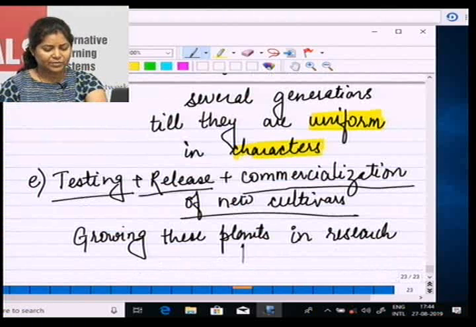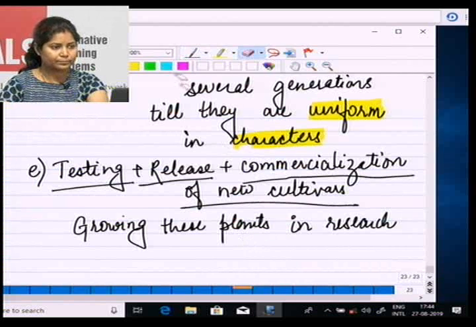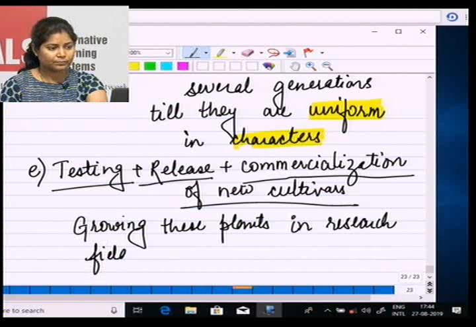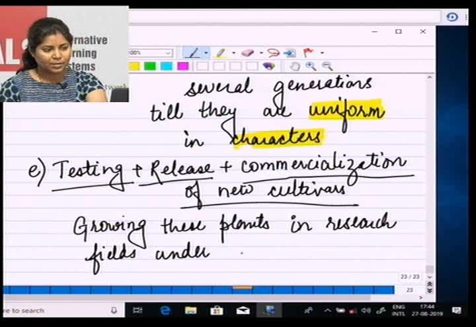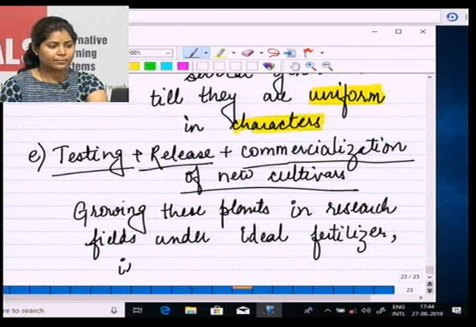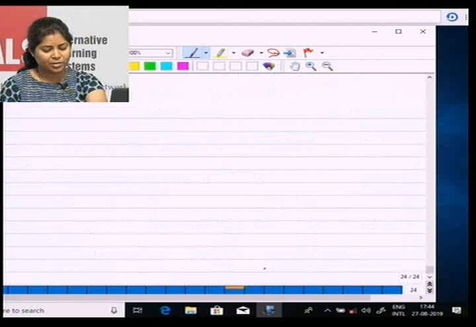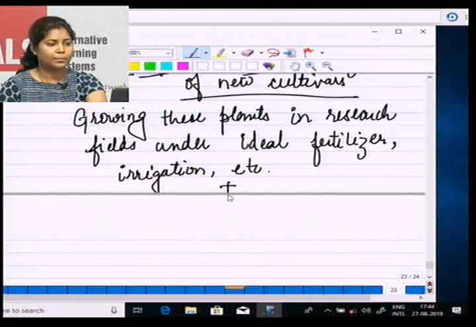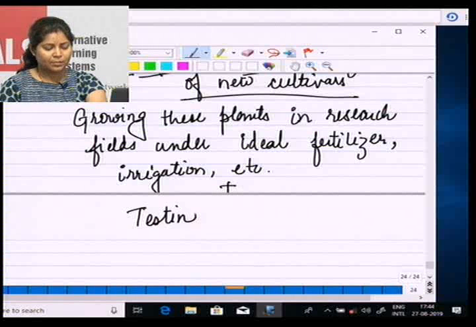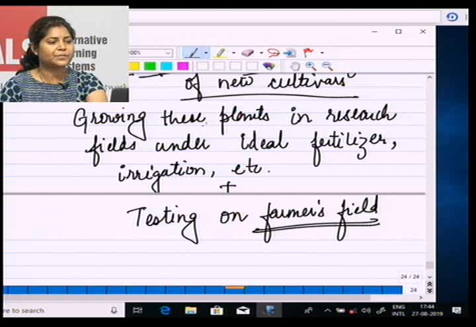So you will be growing these plants in research fields under ideal fertilizer, irrigation, etc., plus testing on farmer's field also.